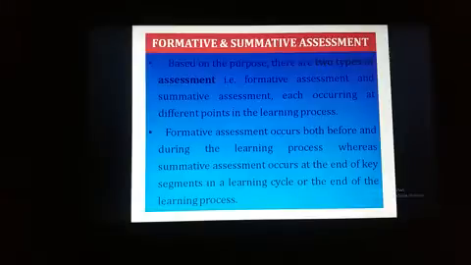Particularly the formative assessment occurs both before and during the learning process, whereas summative assessment occurs at the end of the key segments of the learning cycle or at the end of the learning process. During the process, assessment is called formative assessment, and at the end of the process of learning, assessment is called summative assessment.